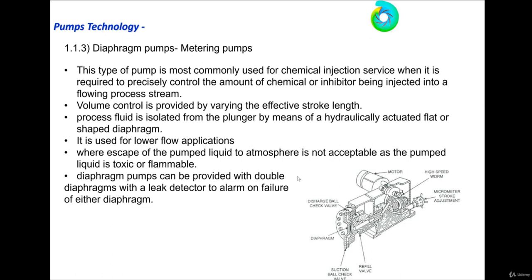It's also called a hydraulic actuated diaphragm, because the diaphragm is moved by oil, and the oil is pressurized or moved by the plunger. The plunger is moved by the motor. Okay, it's used for lower flow applications in terms of liters per hour. This is lower with respect to the plunger and the piston pump.